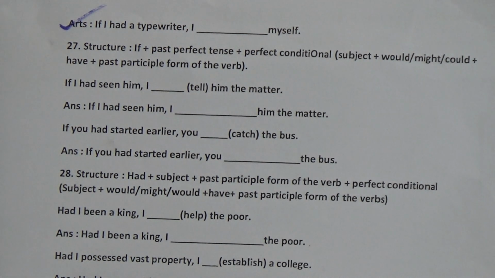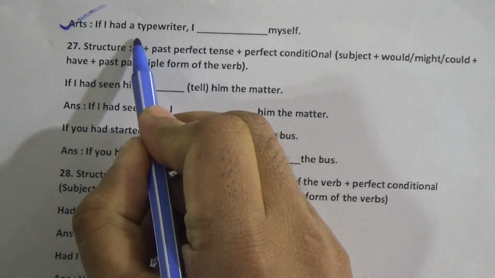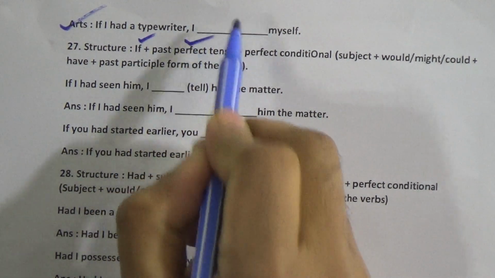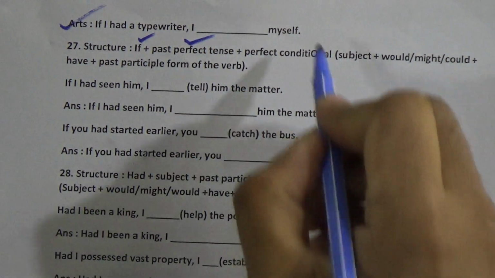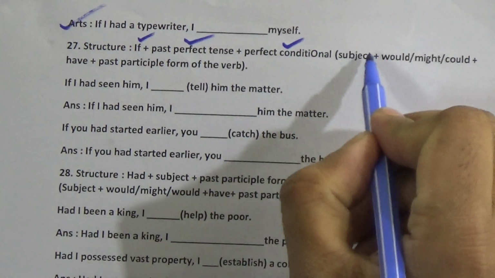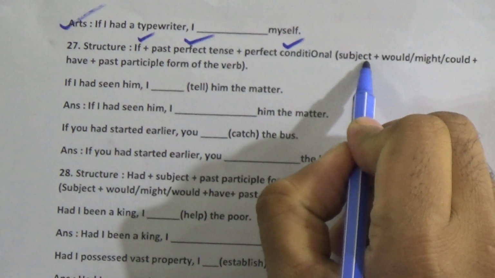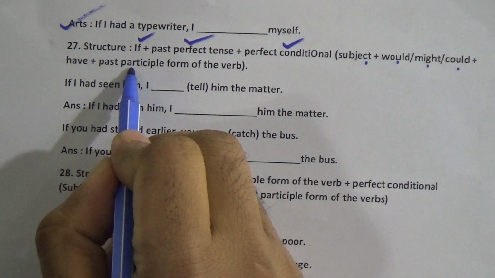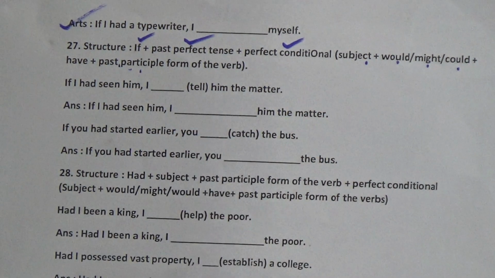The perfect conditional is subject plus would have, could have, might have plus verb 3. Now this is the structure: if plus past perfect tense and then perfect conditional. Perfect conditional here is subject plus would, could, might plus have plus verb 3, the past participle form of the verb.